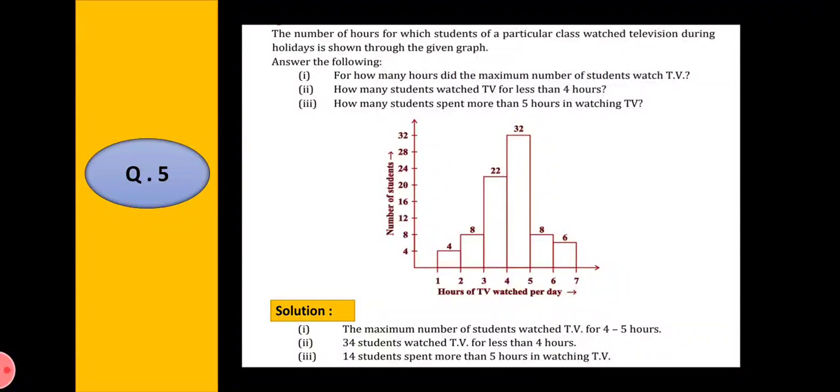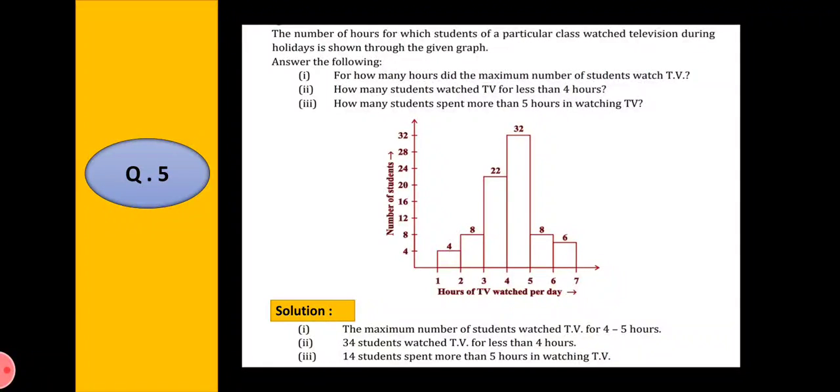Now you can see that a histogram is given regarding the students who watch TV during vacation. So for how many hours a student is watching TV is given. Using this histogram, we have to answer the questions. Question number 1: for how many hours did the maximum number of students watch TV?